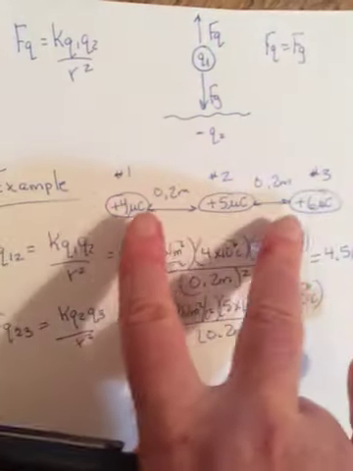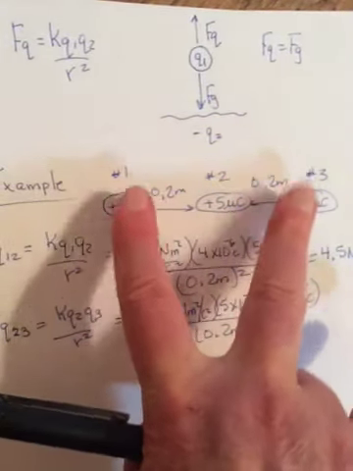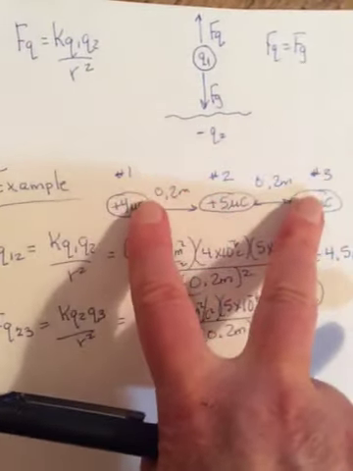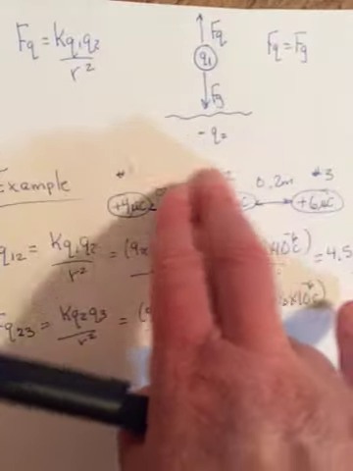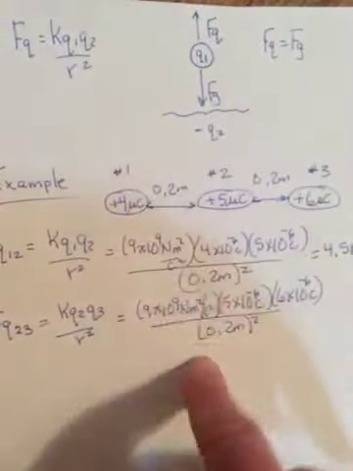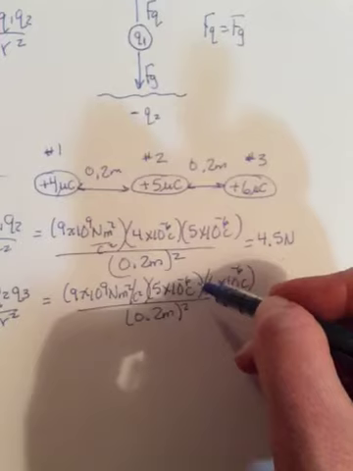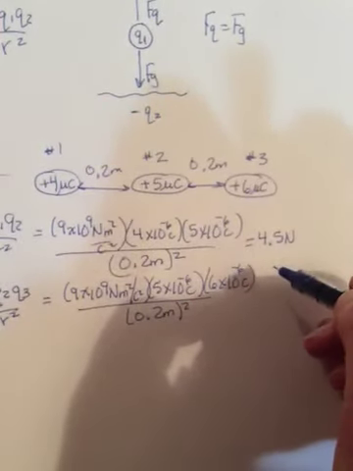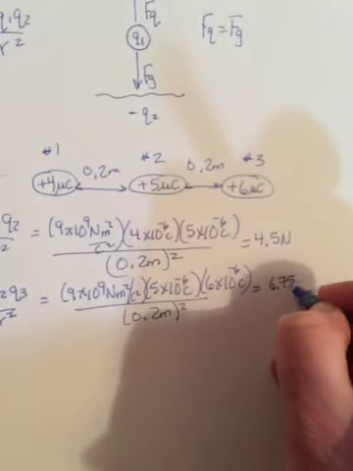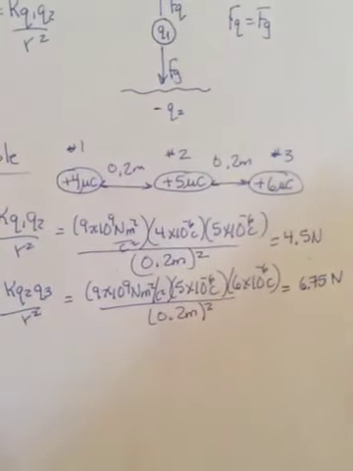Now, had I said, what's the net force on number 3, then my R would change, right? I would be doing 1, 3, and 2, 3, and for 1, 3, my R would have been 0.4. But because we're finding the force on the 5 microcoulomb charge, they're both 0.2 meters apart. So that's 4, that's 1.5, so I think it should be 6.75 newtons.